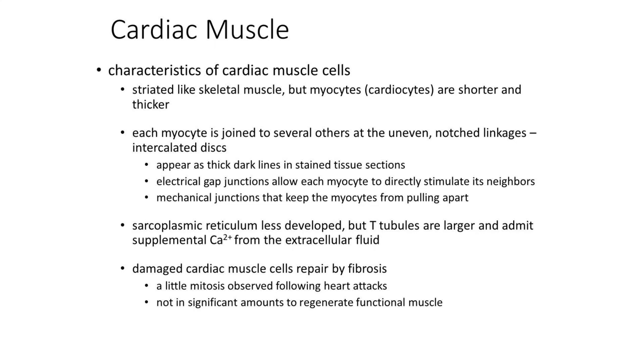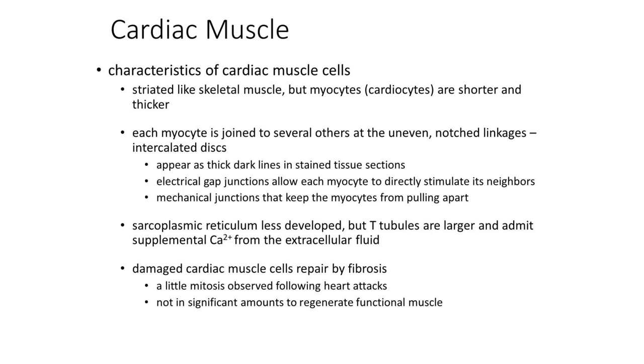There are mechanical junctions that keep the myocytes from pulling apart. So again, it's all working as a unit. There is a sarcoplasmic reticulum within the cardiac muscle cells, but it is less developed. The T-tubules, however, are larger and admit supplemental calcium from the extracellular fluid.